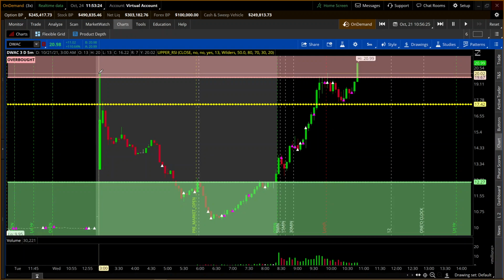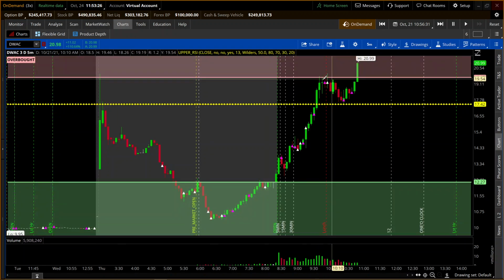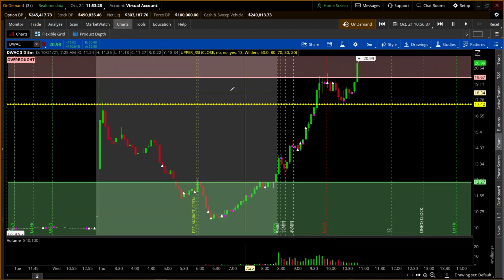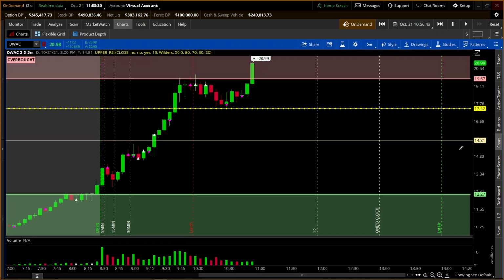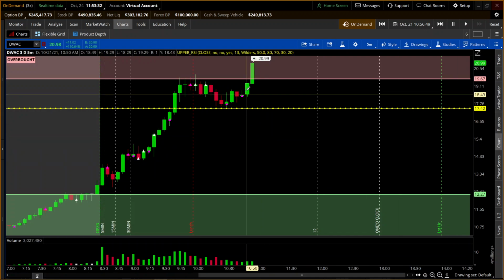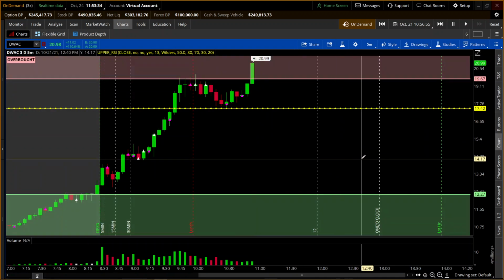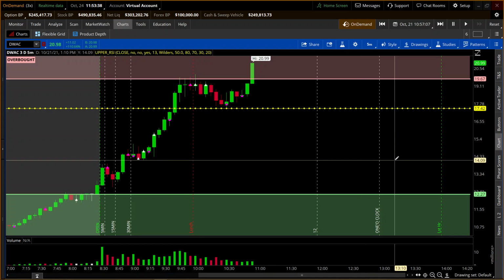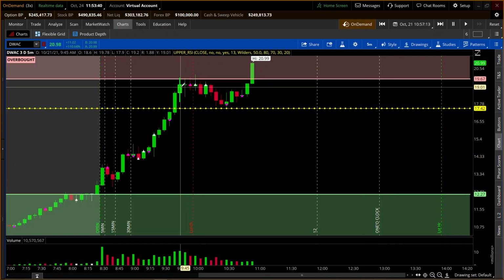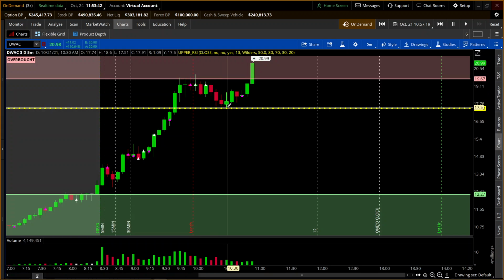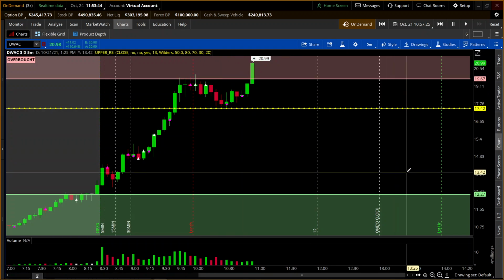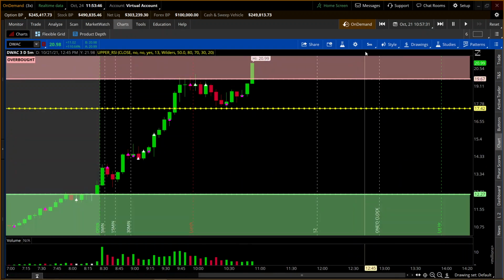It finally broke above it. It had that resistance right here in this overbought area. And if I'm not mistaken, I think that's when the stock actually got halted to the upside. The positive and negative divergence is not always accurate, but it works pretty good on the higher levels.